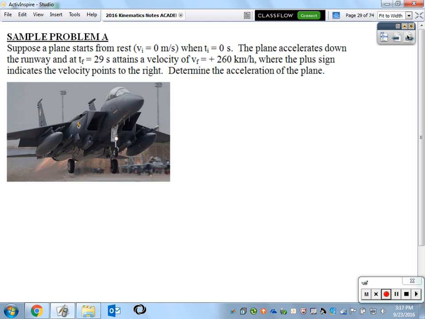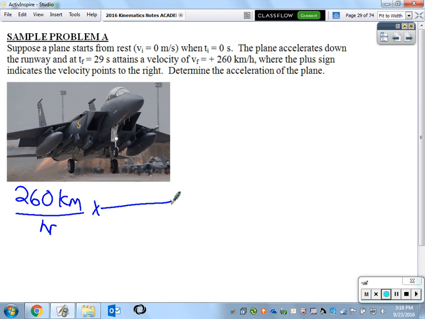We see the kilometers per hour. What does that have to be expressed in? Meters per second. So let's talk about the conversion from start to finish. 260 kilometers per hour. Let's do a simple unit analysis. Multiply that by a ratio. Let's start with the kilometers first.